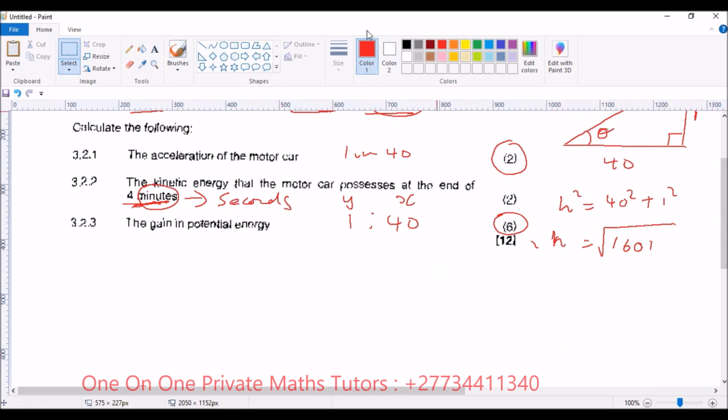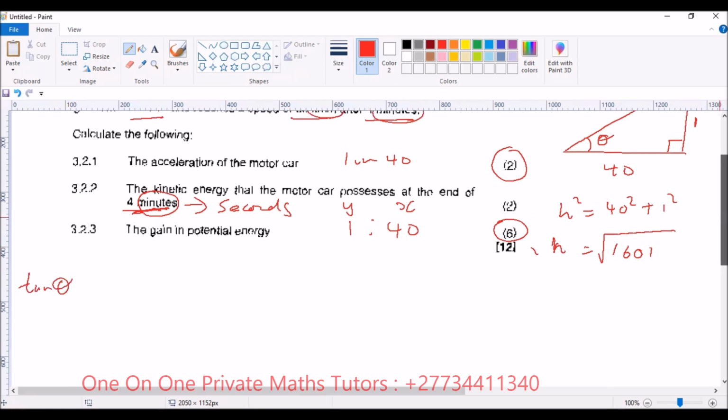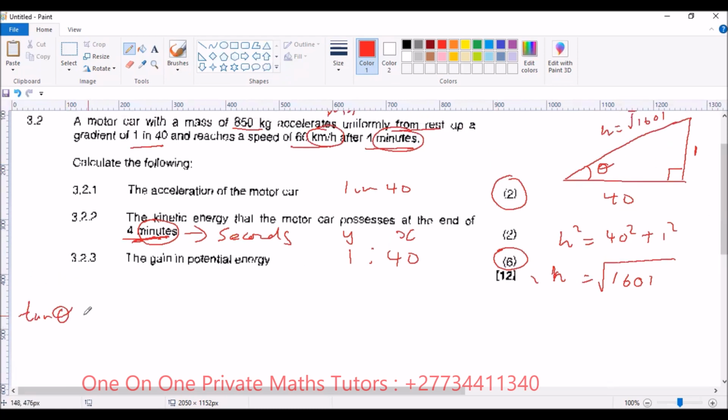We can now know the ratios. We know already that tan theta, which is tan of this angle, is equal to 1 over 40. Use your SOHCAHTOA, or whichever one you are familiar with, to find the tan of that angle.